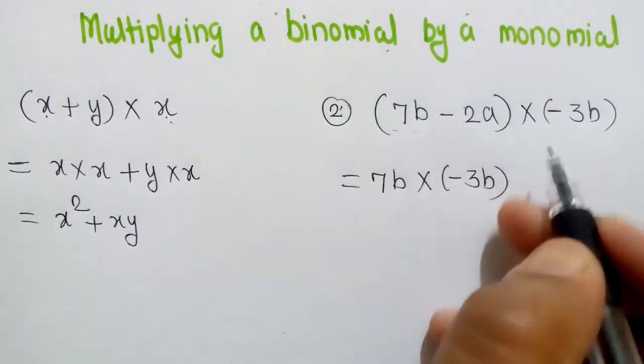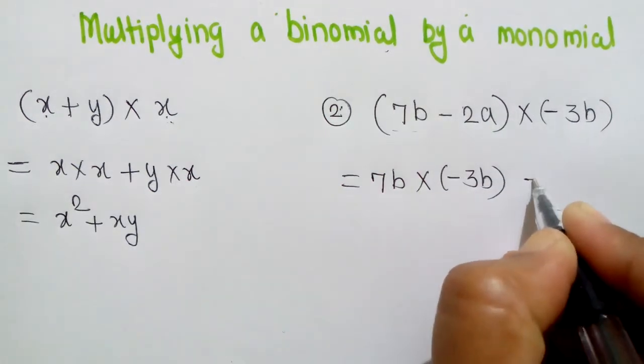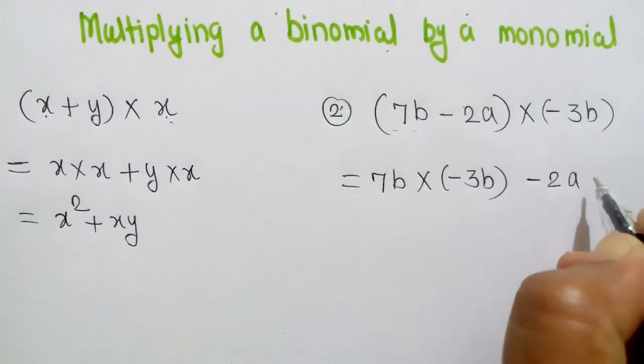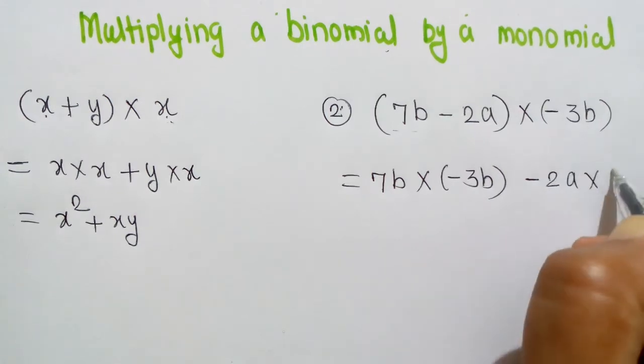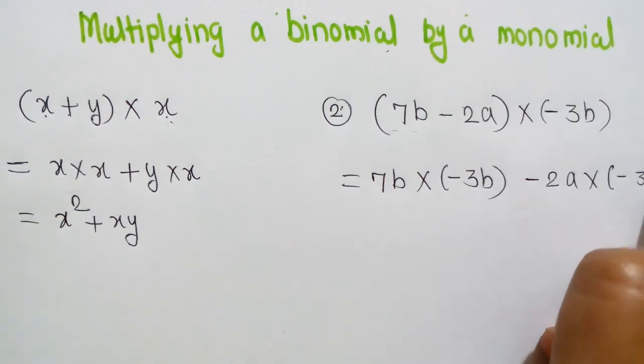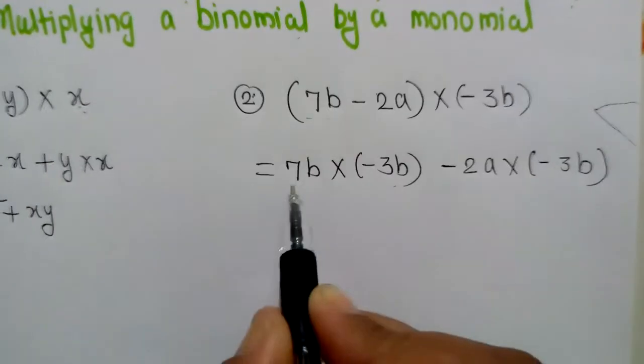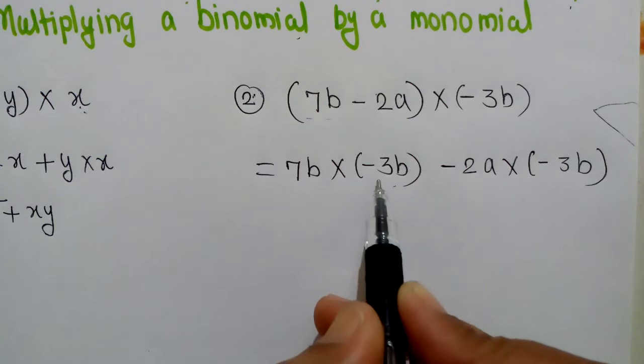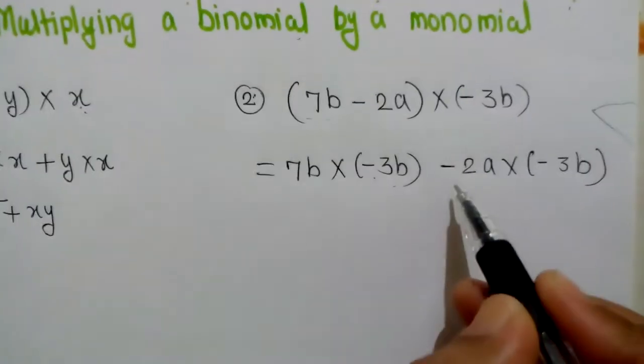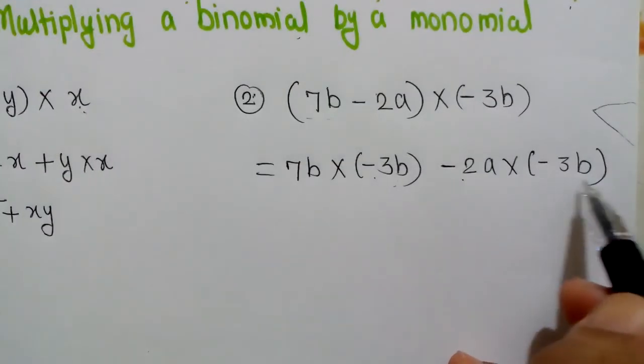Now the second term with sign, negative 2a multiplied by negative 3b. Now here we have to multiply 7b by negative 3b and negative 2a by negative 3b.